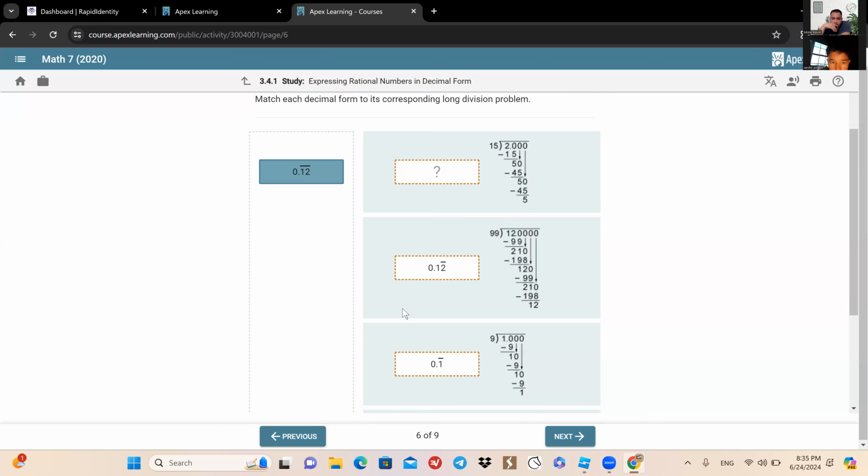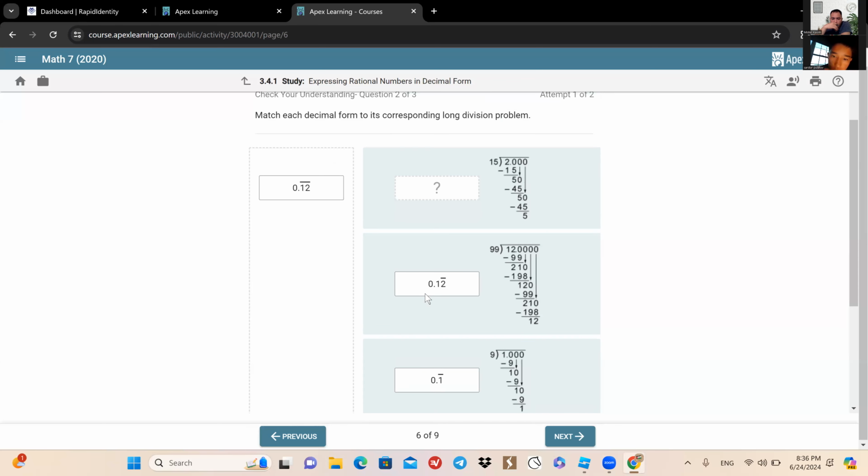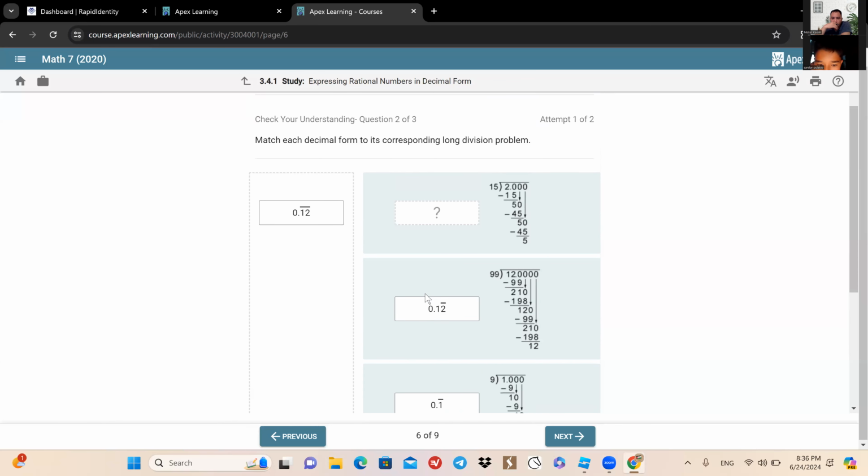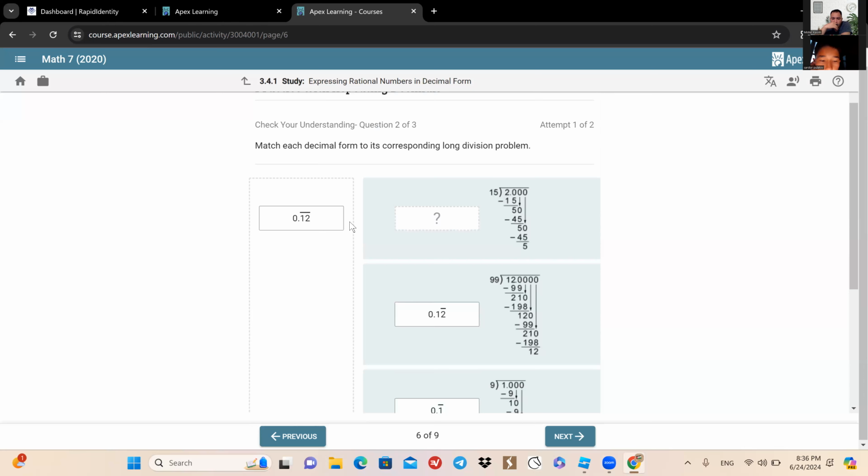Oh wait. Okay. 1.2. That would be 1.2. That one belongs there. That one belongs there.